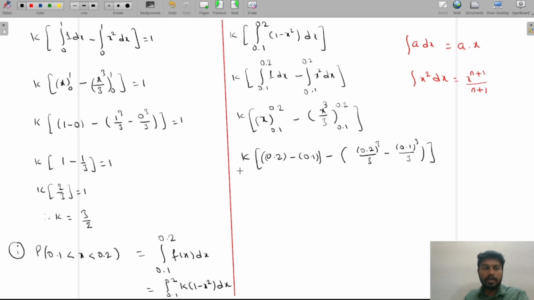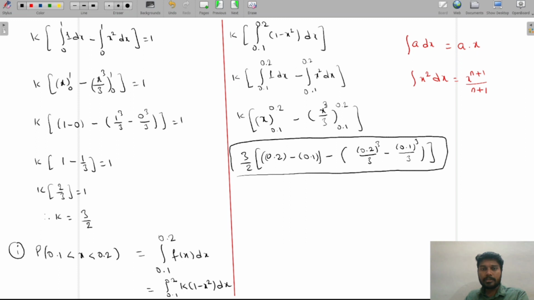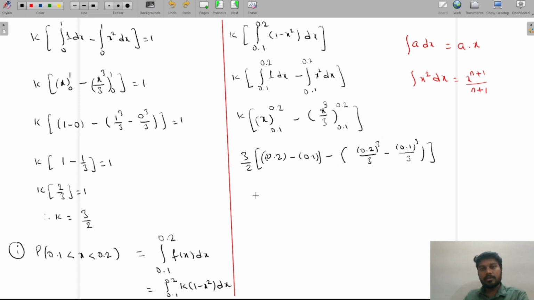And we have the value of k here, right, which is 3 by 2. So let me substitute it here: 3 by 2. Now this entire value I'm substituting in the calculator and getting the result 0.2965.